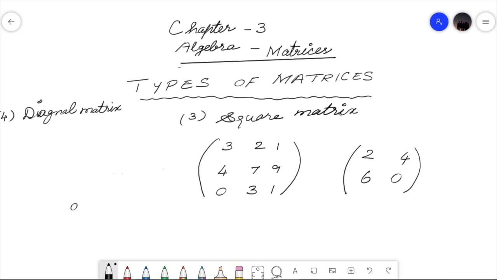In a square matrix, this is the diagonal, isn't it? In a diagonal matrix, the other elements will be 0. Only the diagonal will have some value, other elements will be 0.